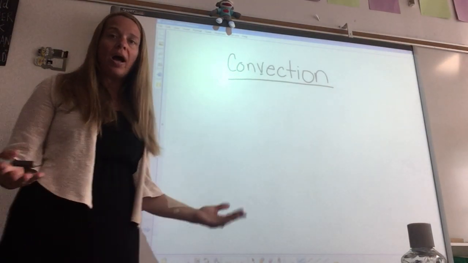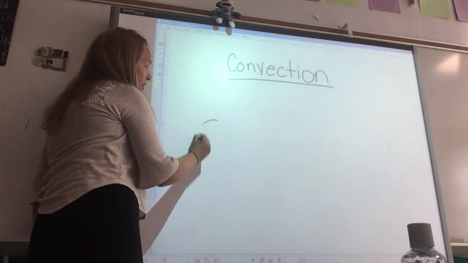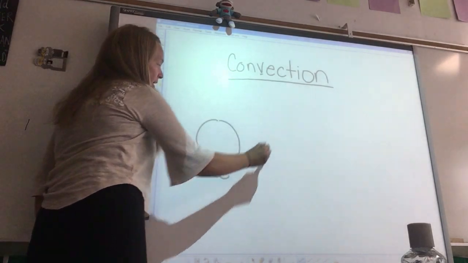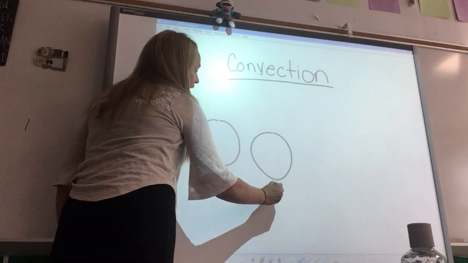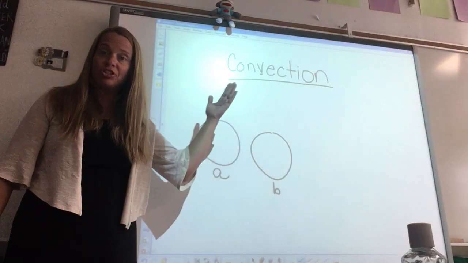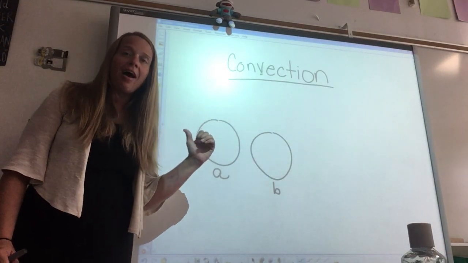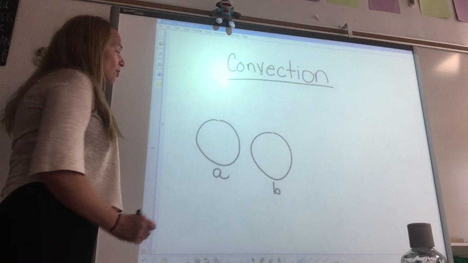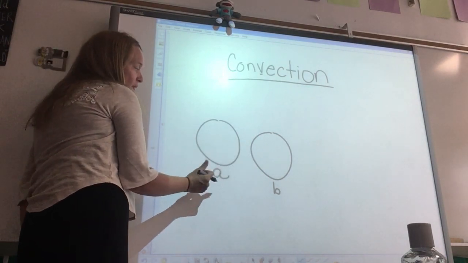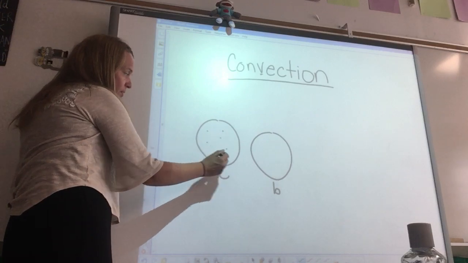Why does heat rise? Let's take my little patch of air here, patch of air A, and here's going to be patch of air B. They could be liquids as well, because convection occurs in liquids and gases, not solids. Let's make it a gas.